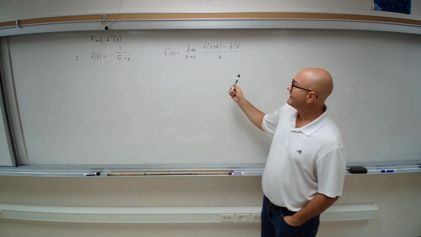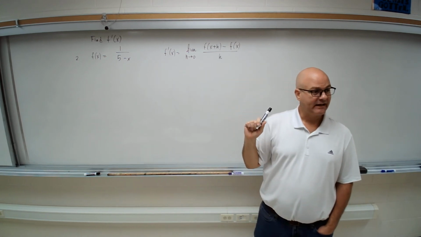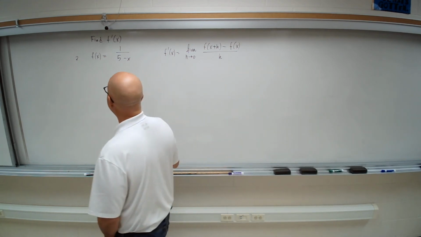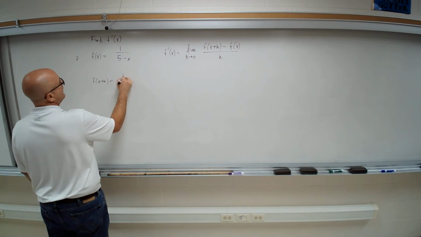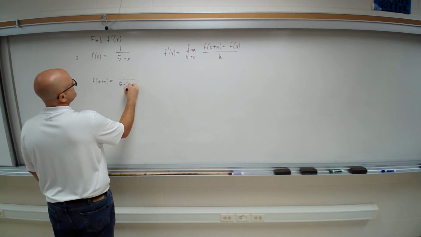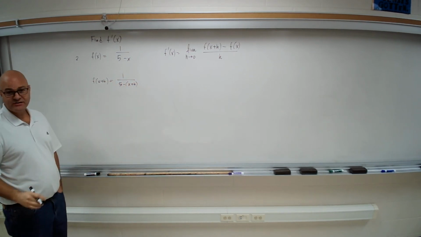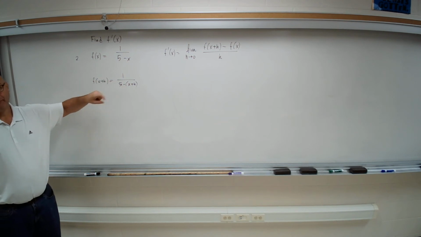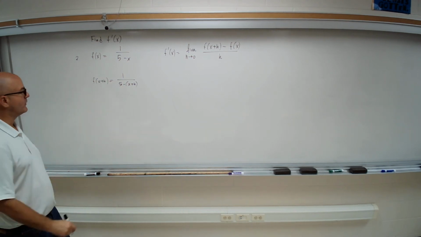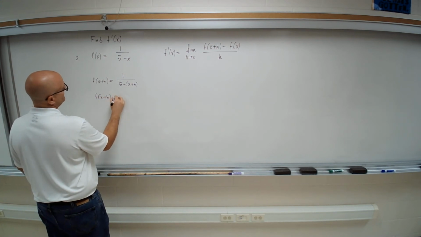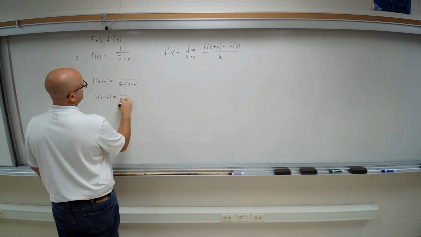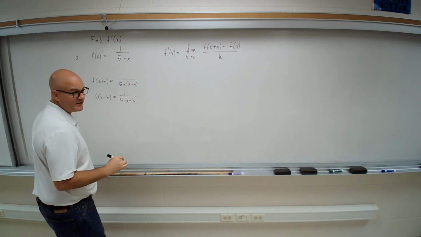Probably not a bad idea to figure out what that looks like ahead of time. So over here, f of x plus h is 1 over 5 minus (x plus h). And then here that negative will be distributed. Very important to note that. So f of x plus h equals 1 over 5 minus x minus h.